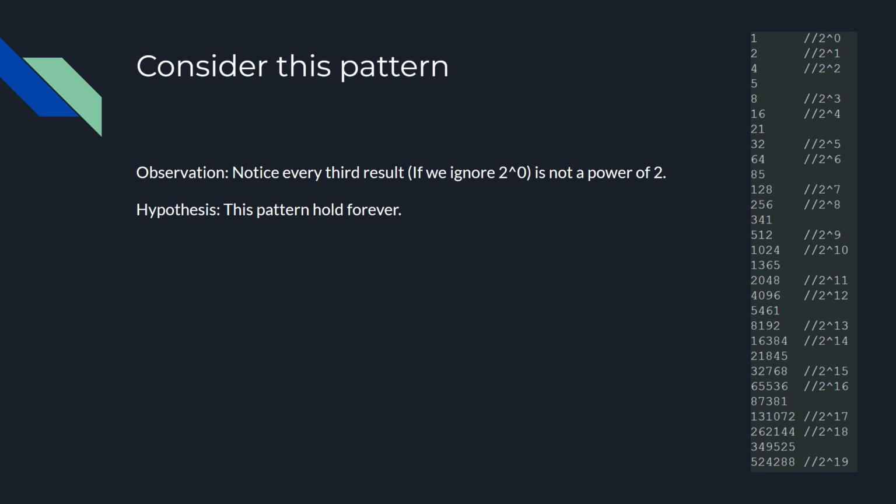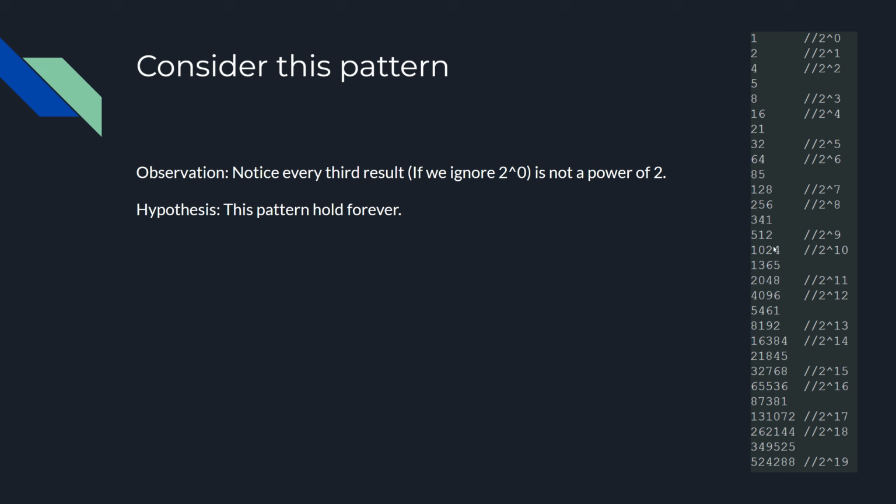So observe here that other than that first bit, that 1, any power of 2 is going to be in here. And every third element, right, so 5, 21, 85, that's not divisible by 2. But there's always 2 powers of 2 in between each of those non-divisible by 2 bits.